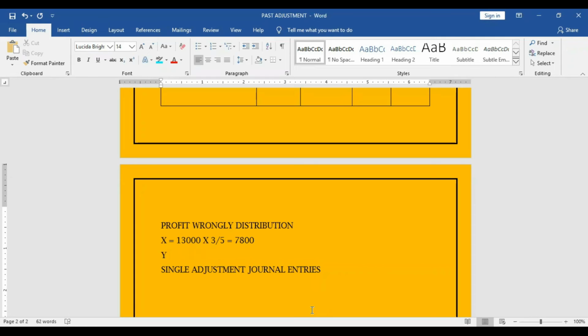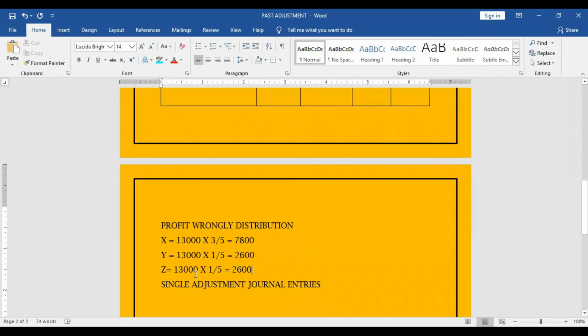Y, 13,000, that's also the same ratio, 2,600.